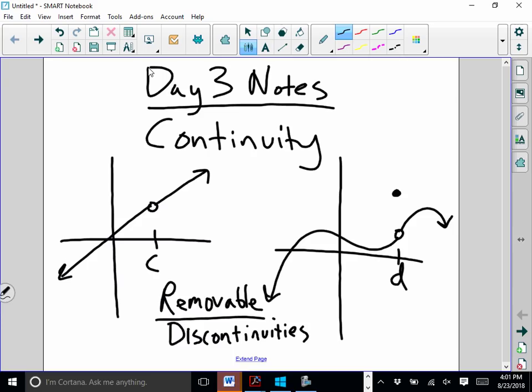So we can say the limit exists. But one of two other things is happening. Either the function is undefined, or the function is defined at a different point.